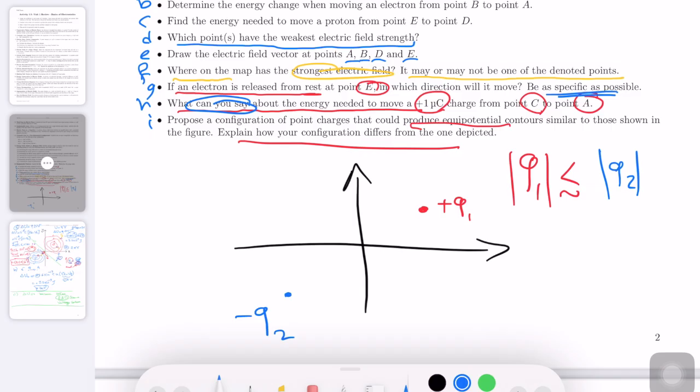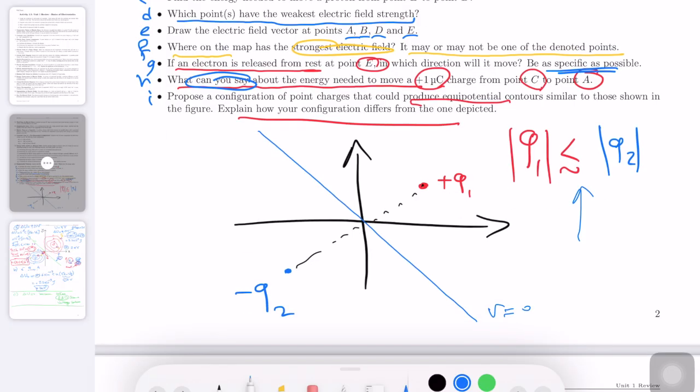Now, what do the contours look like in this case? They look pretty much like this, and at the midpoint you're going to have a contour that is basically a straight line. It would be exactly the midpoint if the charges were exactly the same, but this would be your V0. Then you should have some contours that surround your charge.